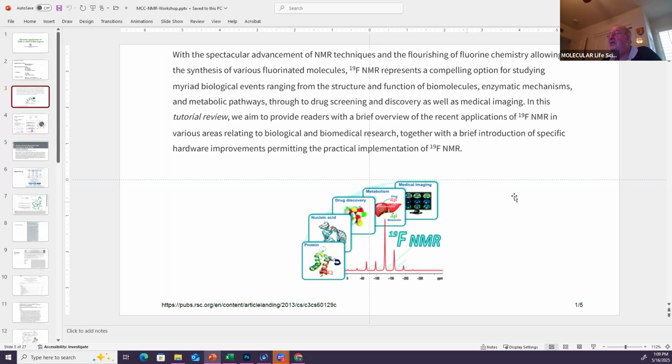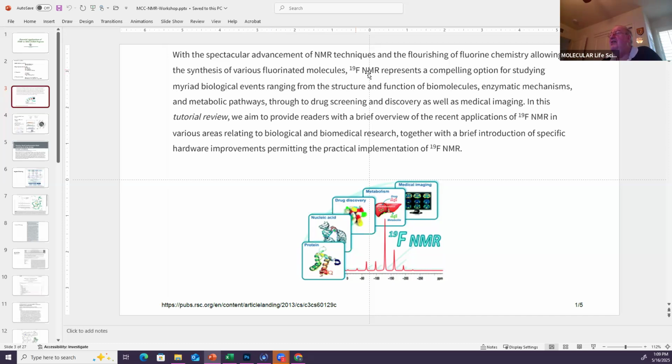I'm going to pick on fluorine as my example, primarily because NMR techniques have caught up with fluorine. Fluorine chemistry has been a bit trendy recently, and that allows the synthesis of various fluorinated molecules.